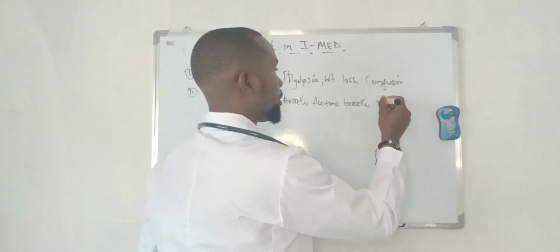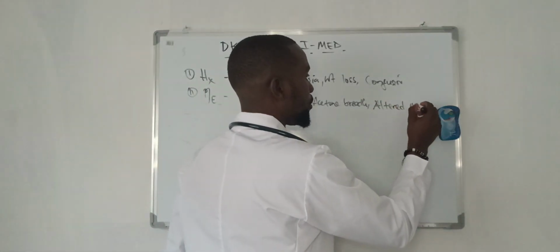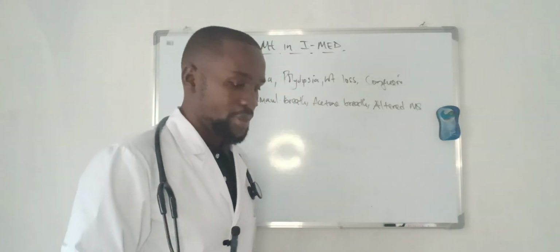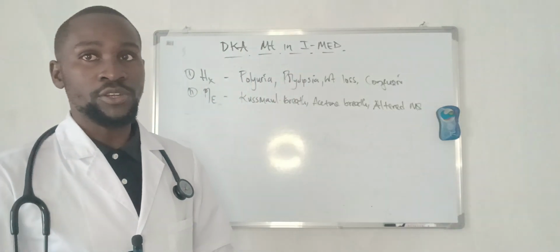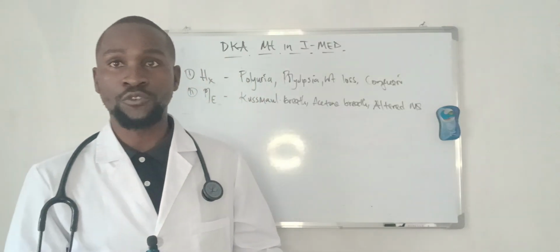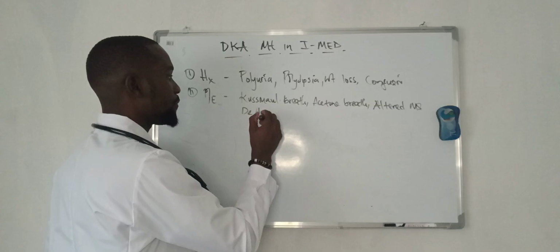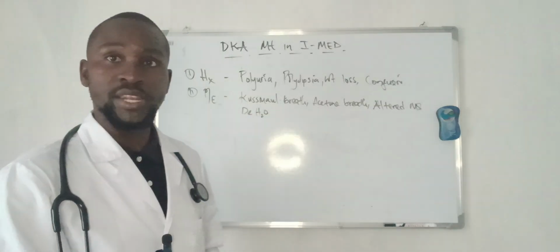They may have an altered mental status. It's a patient who may be vomiting, as you examine, you may find this patient is vomiting. The patient may have signs of dehydration.